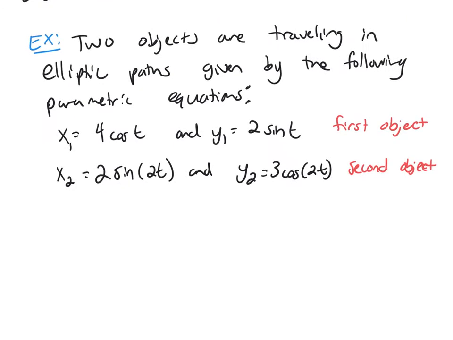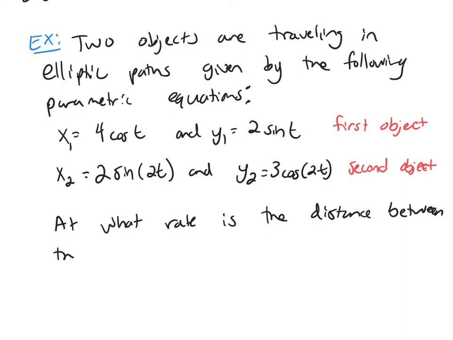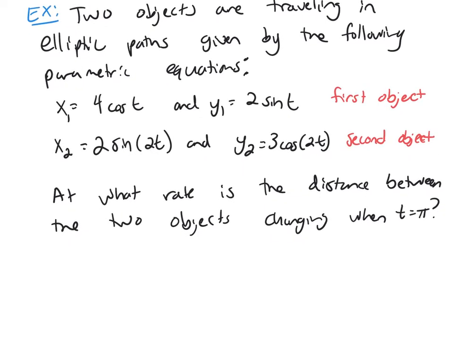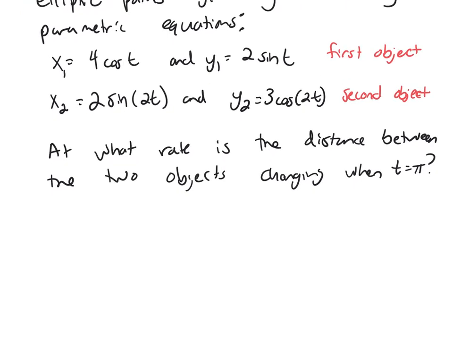And I want to know at what rate is the distance between the two objects changing when t equals pi. So the distance between these two objects is really the distance between 2 points.